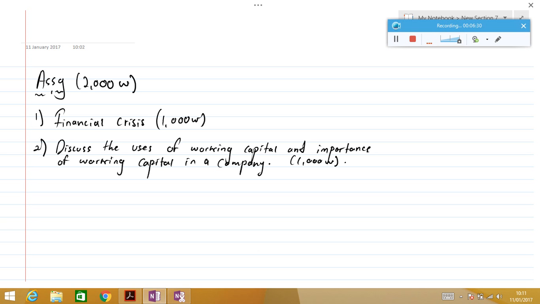Now, in the financial crisis, guys, when I say financial crisis, don't always think it's a bad thing that always happens in the country. No. You must also think about what good things happen in a financial crisis. There is a bad, there is a good, there are pros and cons, correct? So you have to think. For example, I give you one example of financial crisis. So in the financial crisis, what happened?